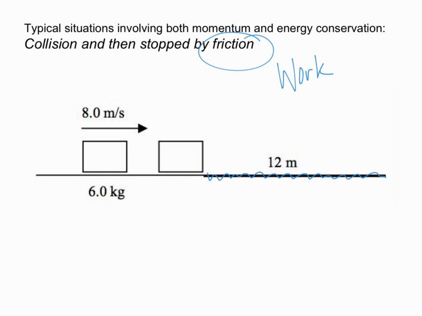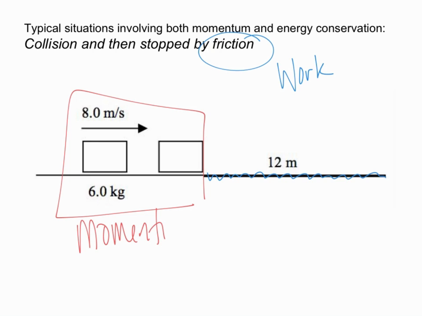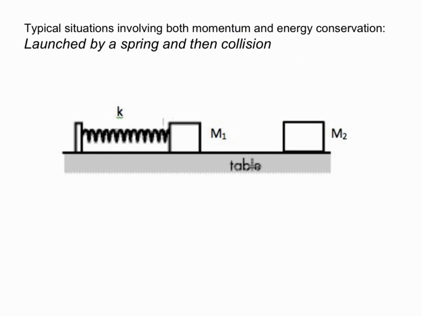So again, we would be using momentum ideas for the collision part, but we would be using maybe some work ideas or some energy ideas to involve the friction. So you can see there's quite a few situations where a collision begins the problem, and so momentum sort of controls or is the strategy that we're going to be using there, but that's not always the case.